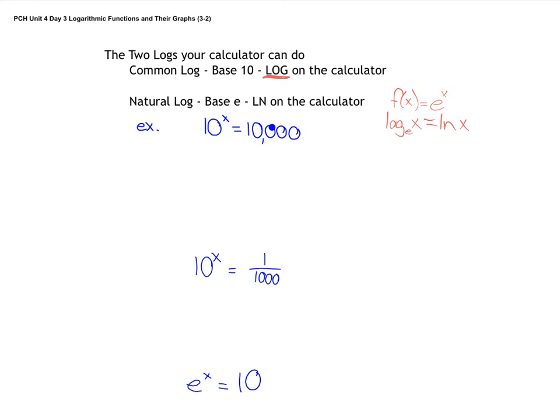And the reason why they bothered to put this one on our calculator is because of those applications we were looking at in our previous lessons. So many of them, when they were continuous growth, had e to a power. So, for example, as we'll see later, if we want to solve for a time, the time was the power of e, so we would have to take the natural log.